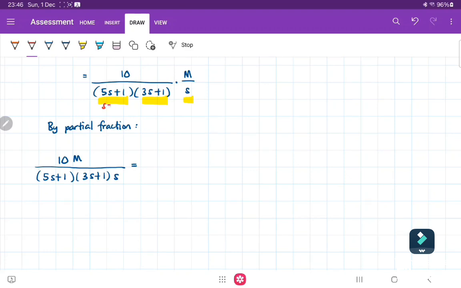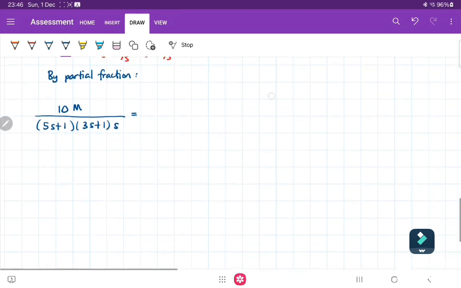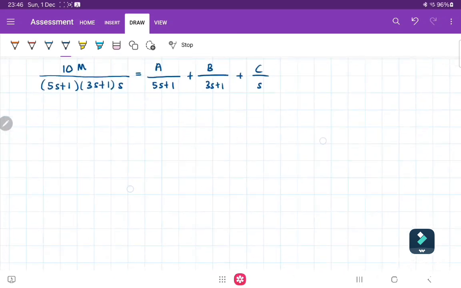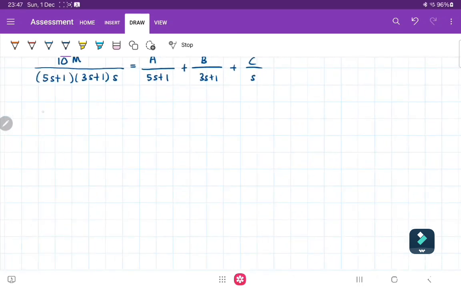For this one, we have s equals minus 1 over 5. This one, s equals minus 1 over 3. And here, s equals 0. So we don't have any complex conjugate. So we can separate each of the roots with a different numerator: A over 5s plus 1, plus B over 3s plus 1, plus C over s.